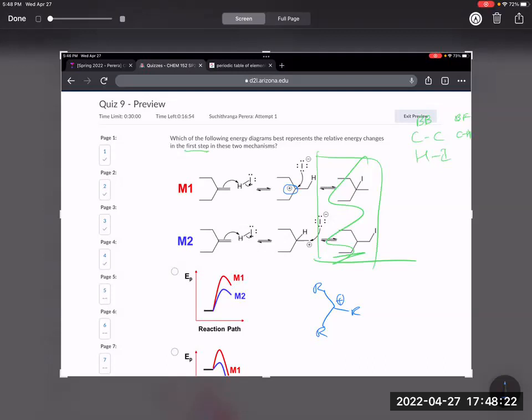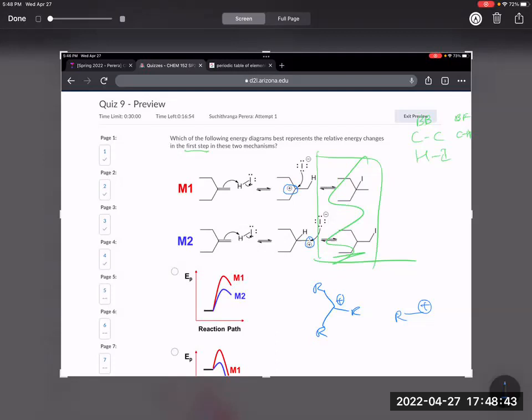But when it comes to M2, the carbocation is formed on this terminal carbon, and for that one we only have one R group, one neighbor who can stabilize this electron poor center.